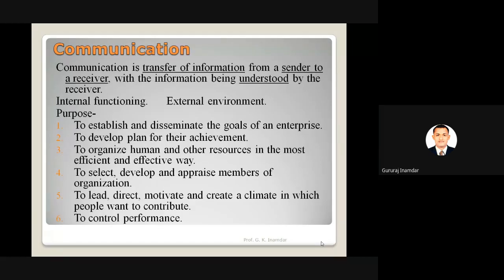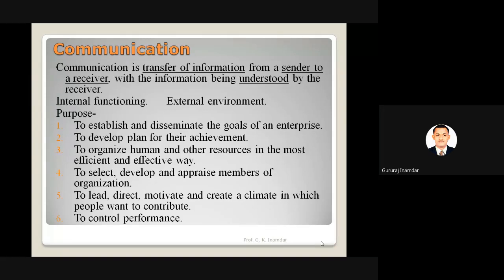If someone is talkative, we will give that kind of work. If someone has stage daring, there is always an anchor in any program. So like that, according to communication style, we can select them and develop them within that sector. Appraise members, we can say, whatever the record or reward of that particular person. So that is the importance of communication.